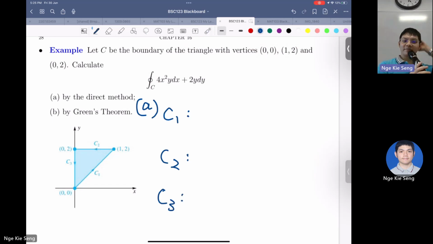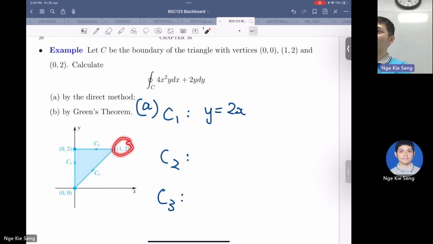So C1 is what? y equals 2x. The gradient is 2. If y equals x, the point should be (1, 1). Y equals 2x, what happened to x? x is just x. Are you confused or not?